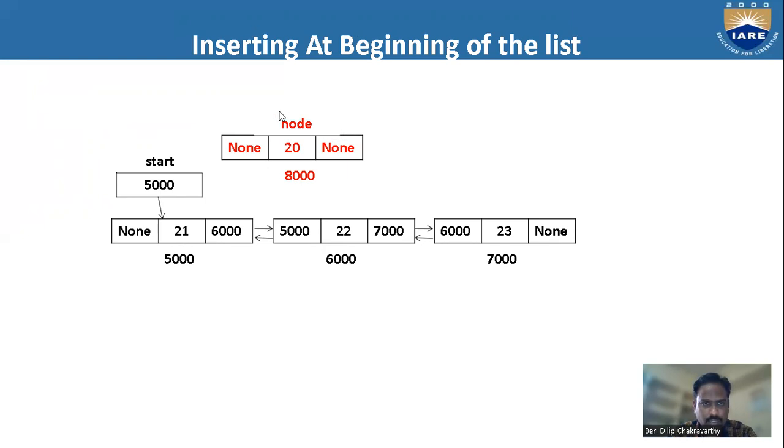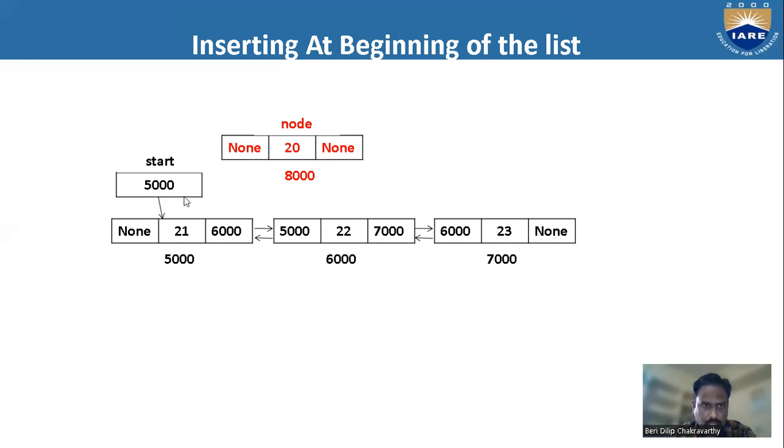Now I am trying to insert this new node at the beginning. Already at the beginning there is one node, with value 21 and address 5000. Our aim is to remove this link. First of all, I need to remove this link.